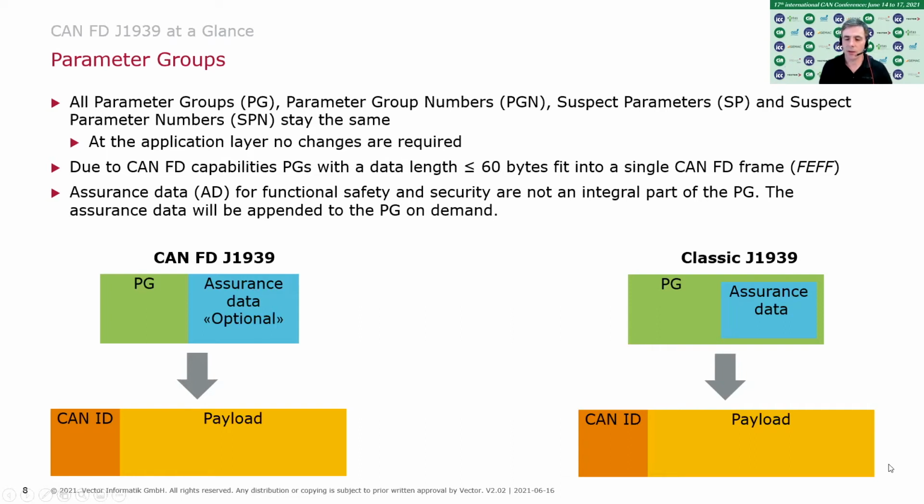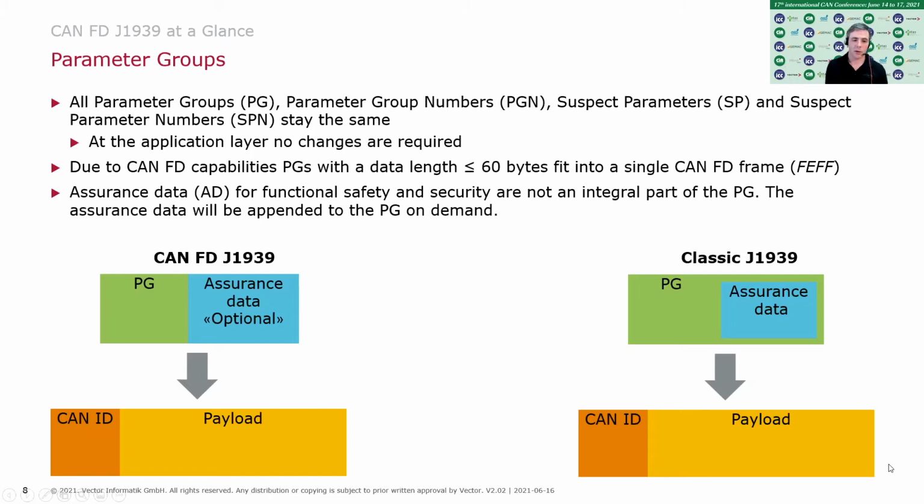So you can stay with the existing parameter groups, which have no extra CRC signals defined, and then later on you can simply attach them as an attachment to the parameter group, and you do not need to modify the specification and the signal layout of your parameter group.